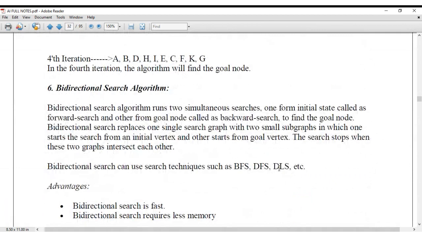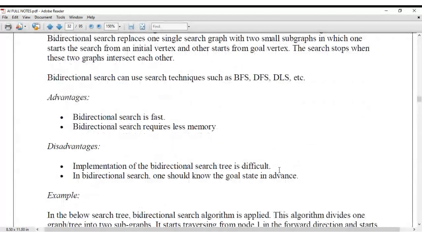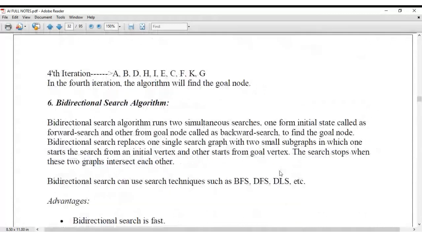So let's finish up with bidirectional. Bidirectional search. It runs two simultaneous searches. One from initial state called as forward search, and other from goal node called as backward search to find the goal node.